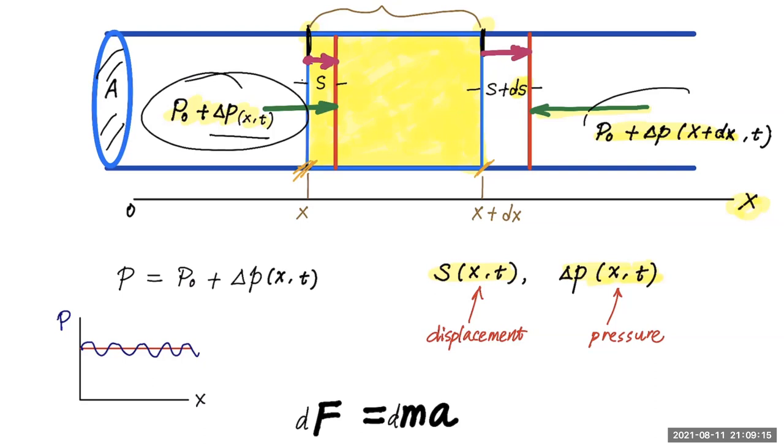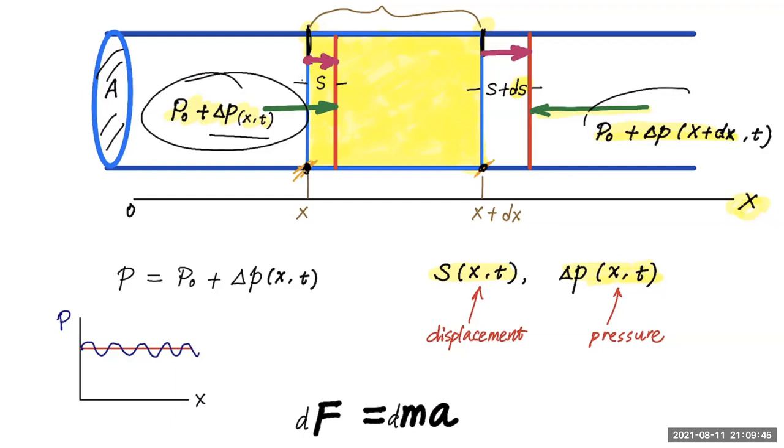Does x change over time? x is the original position of the left edge of this column. x plus dx is the original position of the right edge. They do not change. What changes is s.